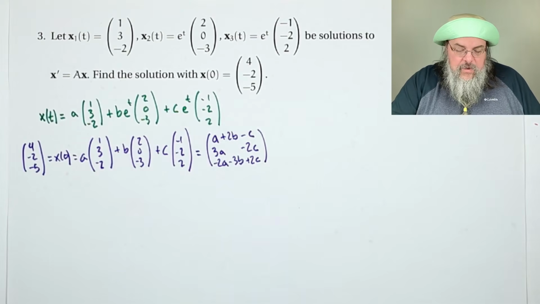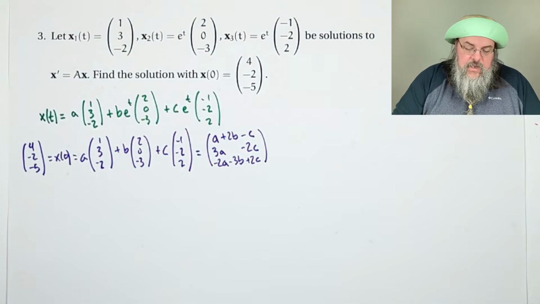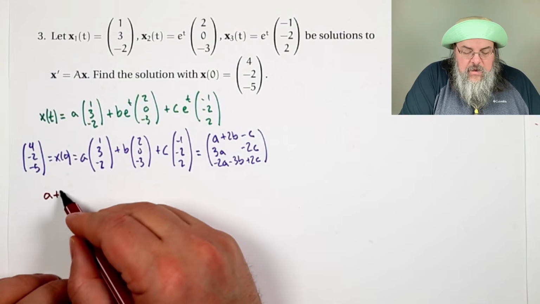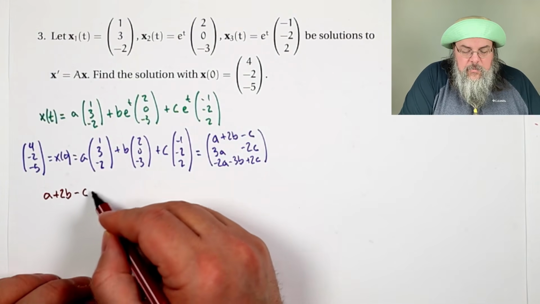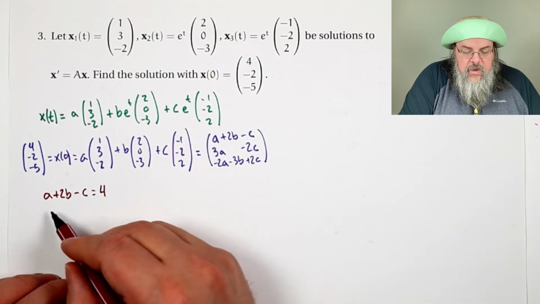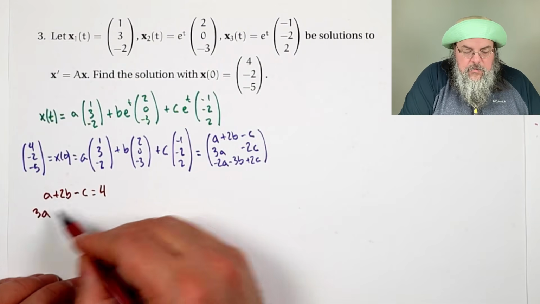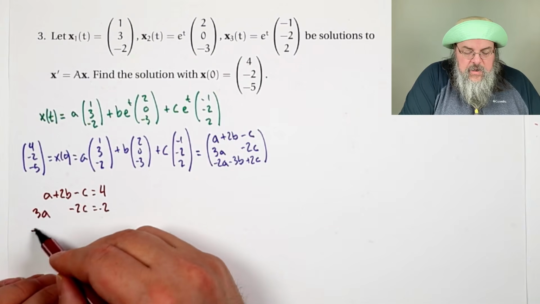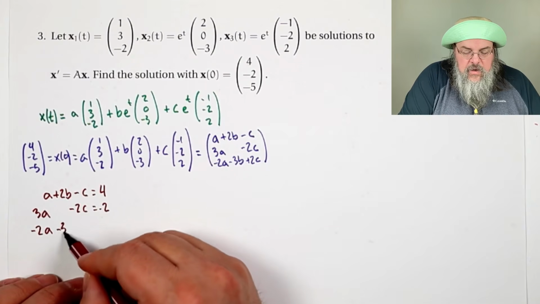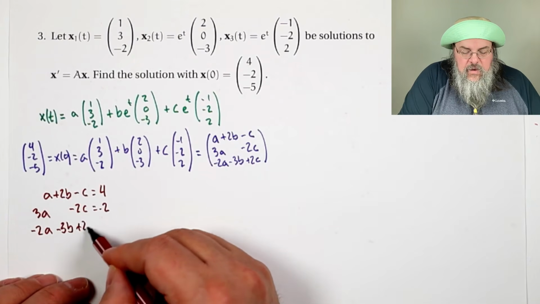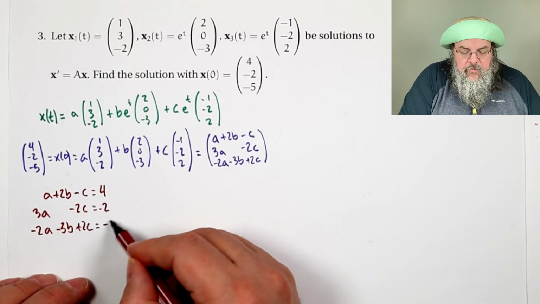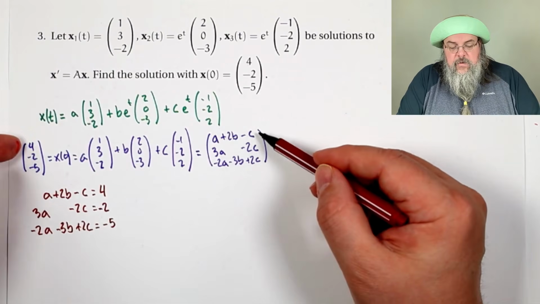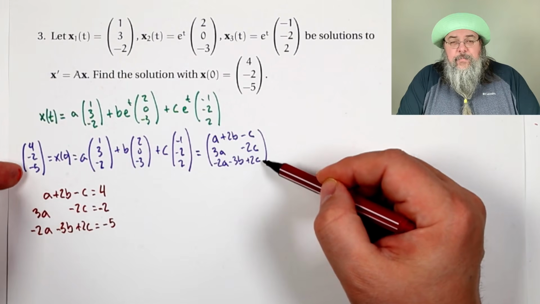Okay, so let's write down our equations. We start by writing them down, and then we start by staring at them and saying, okay, what can we do? So I'm just copying down happy equations. All right, so those are our three equations: the top entry is equal, the middle entry is equal, the bottom entry is equal.